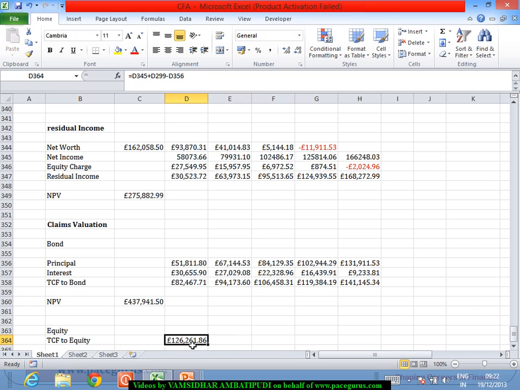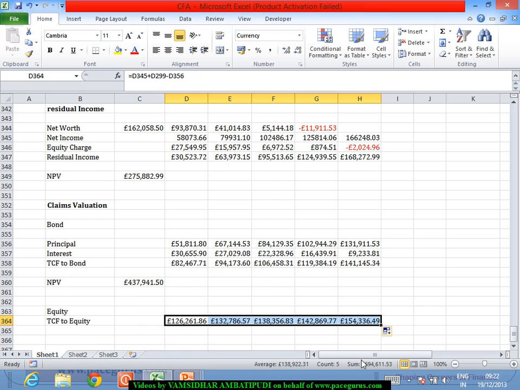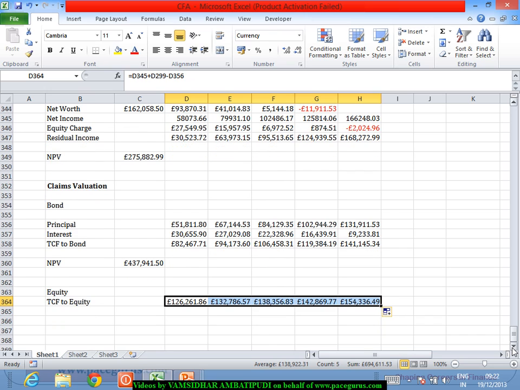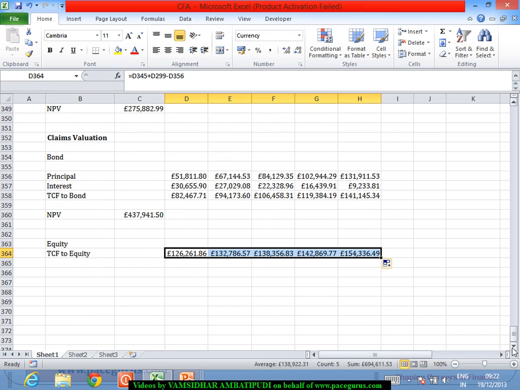So this is the total cash flow that is available to the equity investors in each of the years, which can be paid in the form of dividend.